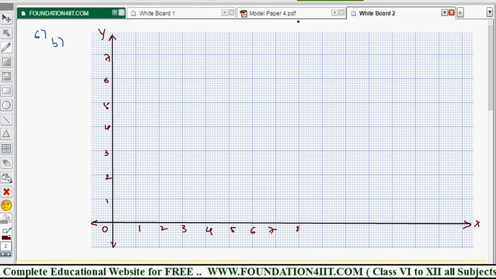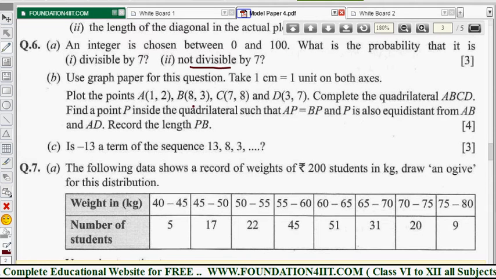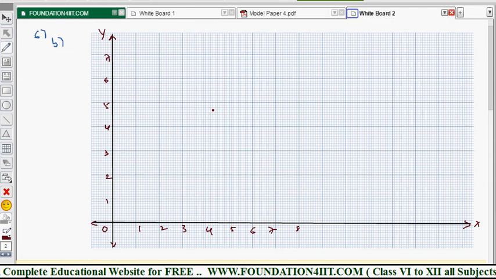We need to plot the points A, B, C, D. A is (1, 2), B is (8, 3), C is (7, 8), D is (3, 7). Let's plot these points here. This is A (1, 2), B is (8, 3), C is (7, 8), and D is (3, 7).